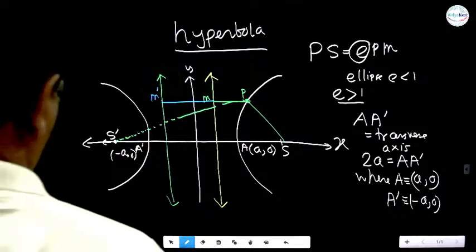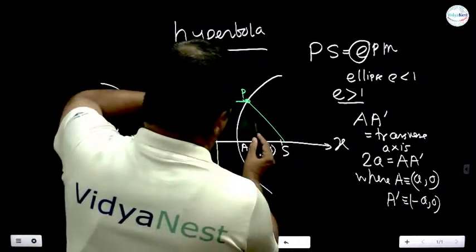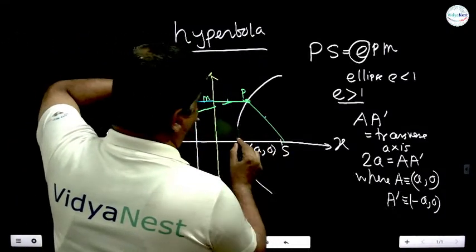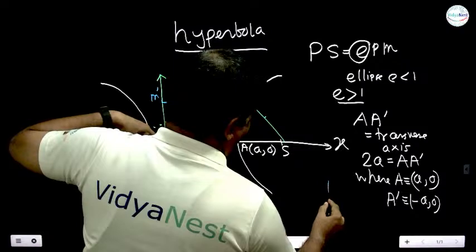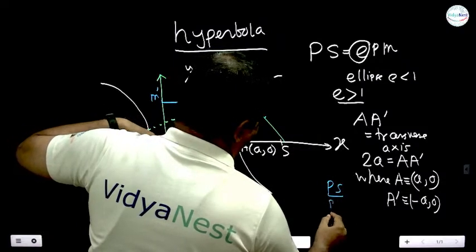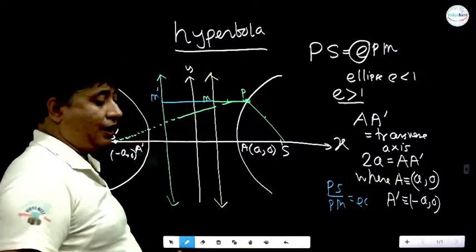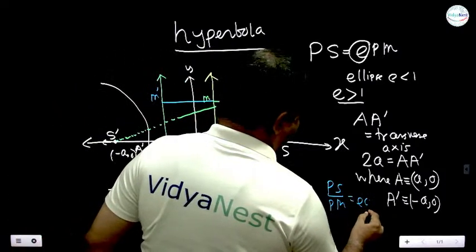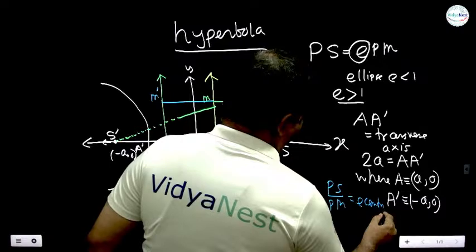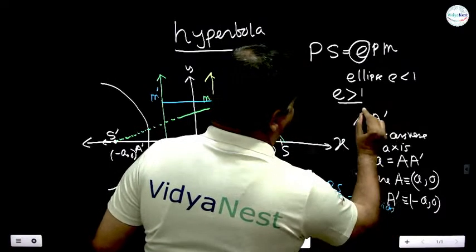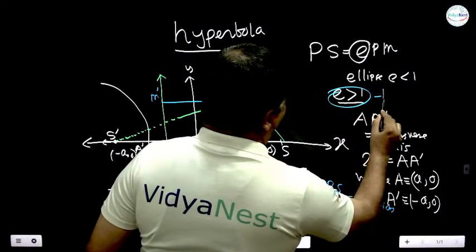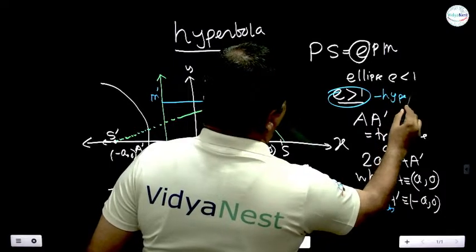That ratio PS to PM is E, which stands for eccentricity, which you were taught in parabola. In case of hyperbola, E must be greater than 1.